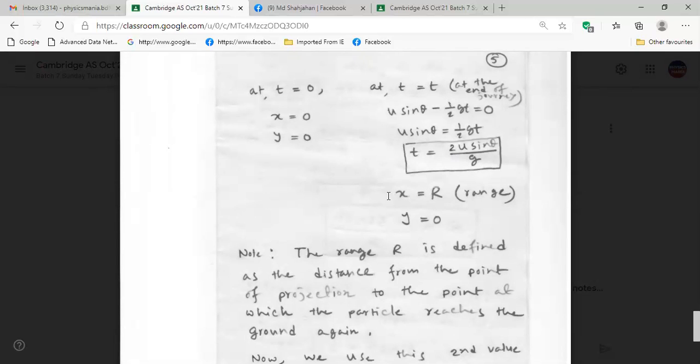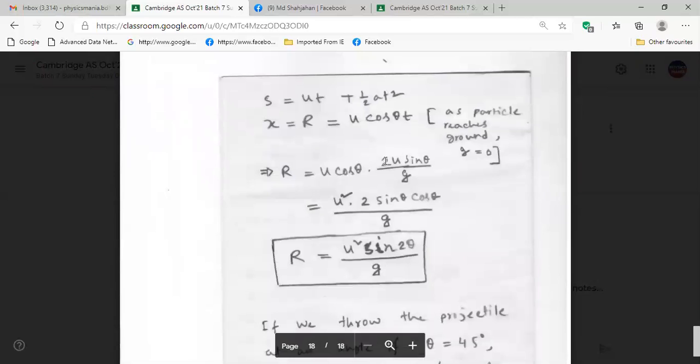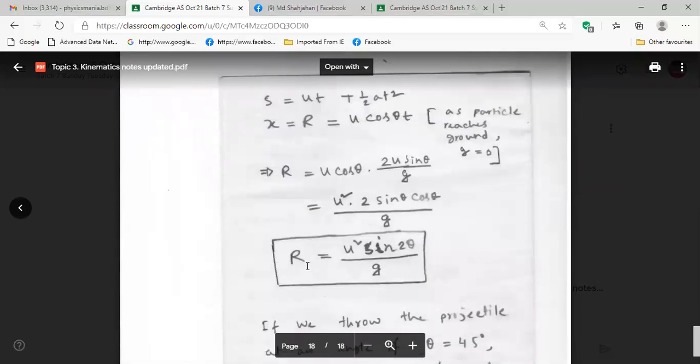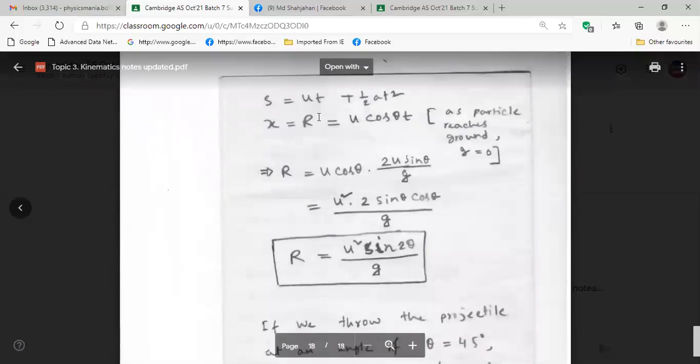Now, how to calculate this r? By using these values, that one we are going to learn from this deduction. We have one equation, that is u square sin 2 theta by g. Now, how we got this equation, the explanation is here.